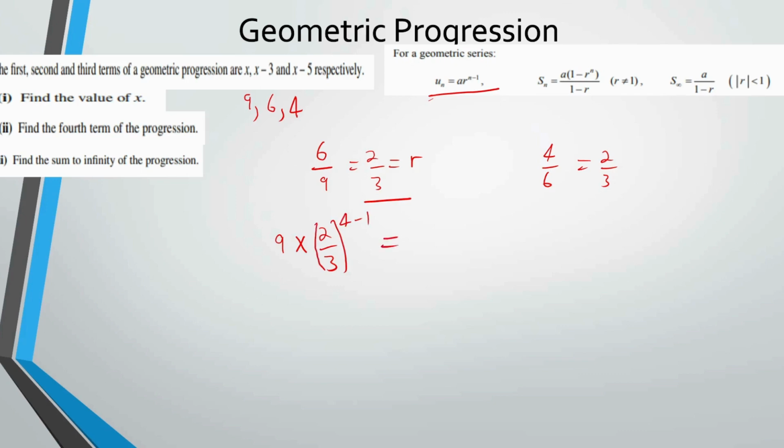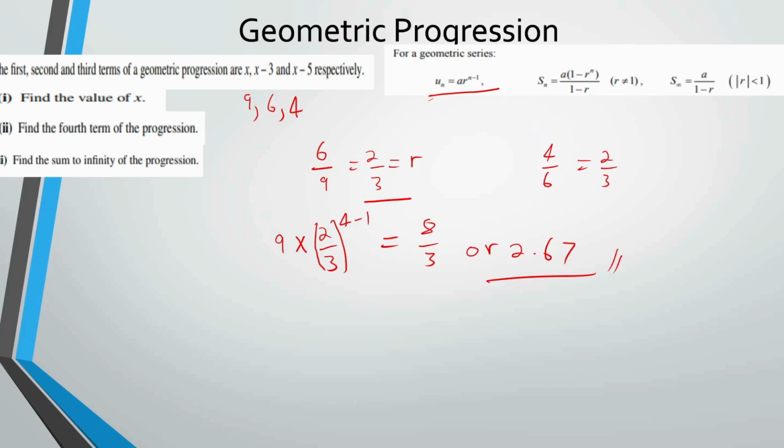So this is going to give us our fourth term. Now let's see what the answer is. Our answer comes out to be 8 over 3, or 2.67. So this is the second part of the question.